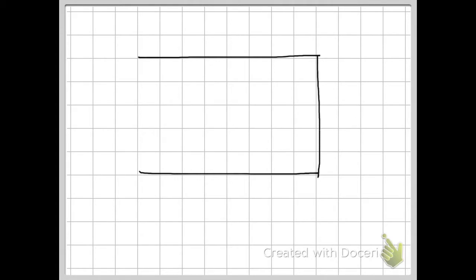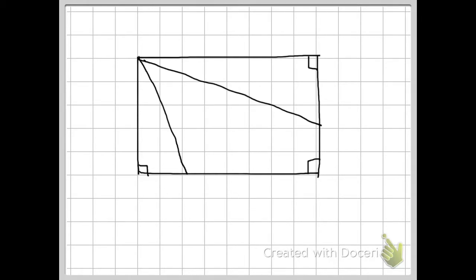Let's have another rectangle. Remember, all rectangles have 90-degree angles for all the corners, but this rectangle is now divided with two diagonals.